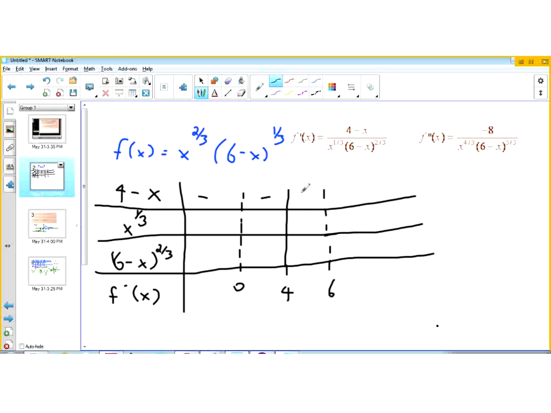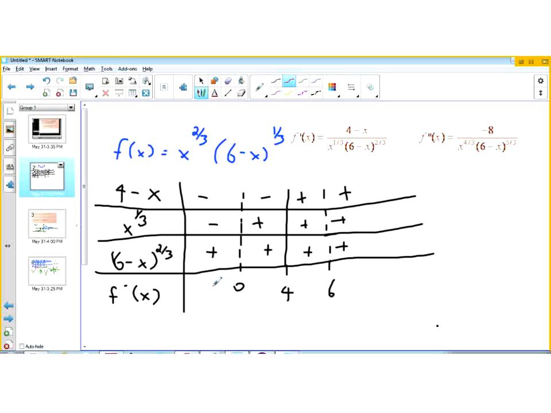If x is less than 4, this factor is obviously negative. If x is greater than 4, that factor is positive. If x is less than 0, that factor is negative. If x is greater than 0, that factor is positive. And 6 minus x to the 2/3 is always positive because you're taking the cube root of a square, and a square is always positive. So that number is always positive.